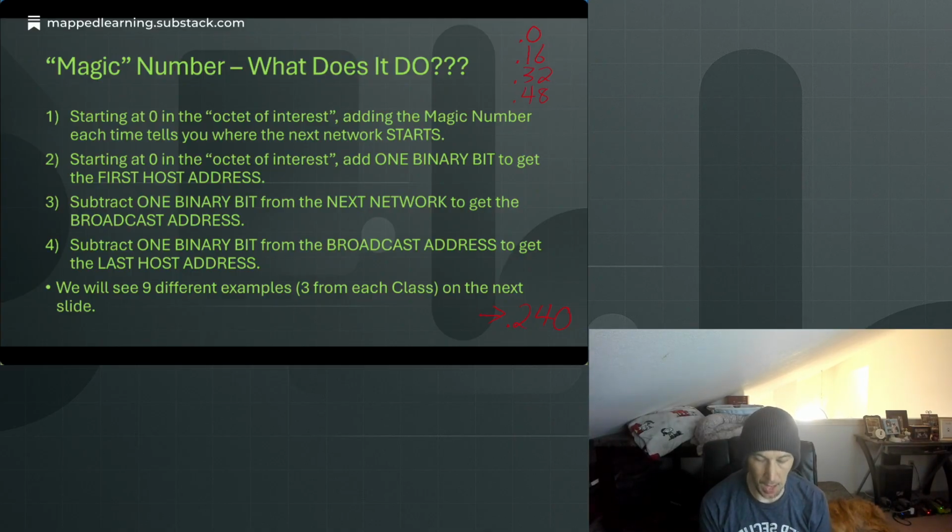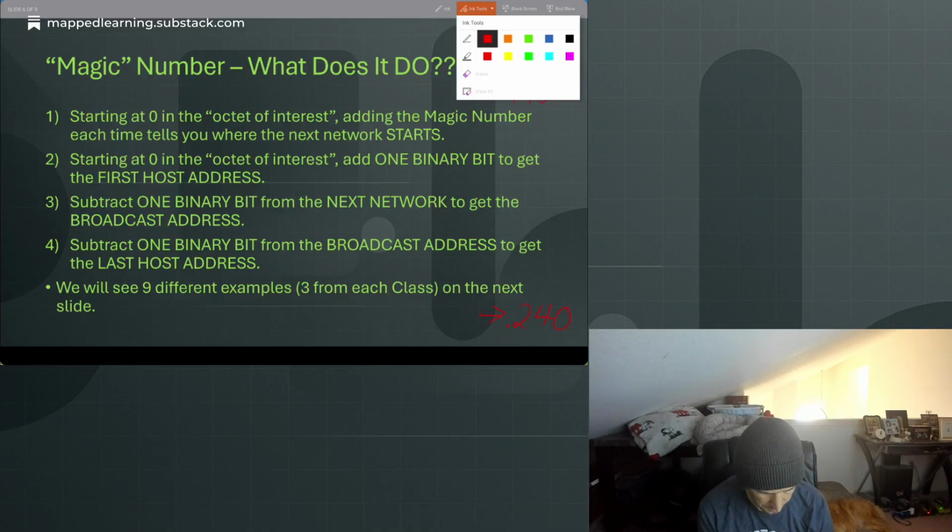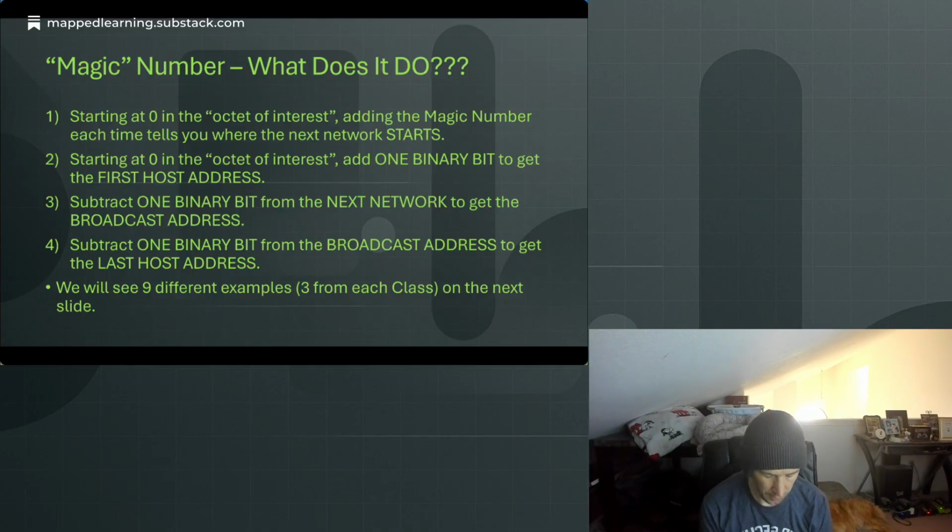Now, I'm going to work with the first network for this example again. So we're going to be .0. 192.168.1.0. Okay? Number 2.